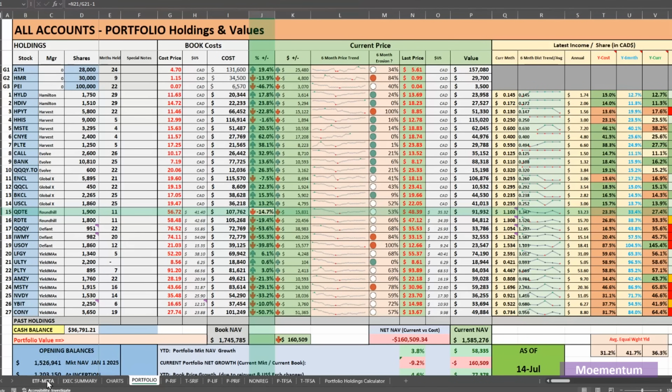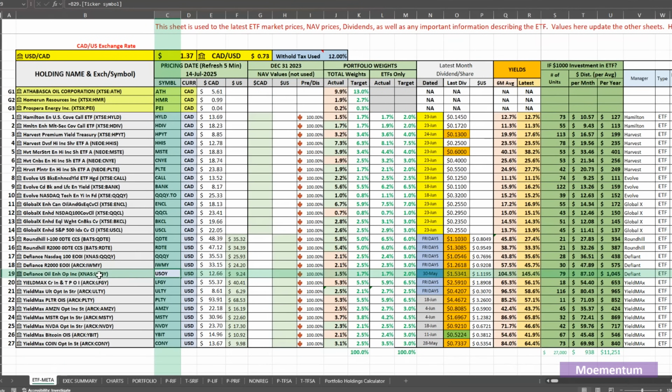That list is what my ETF meta chart holds, and it keeps track of the price, its value, all its distributions, and price trends. This one tells all my other tabs what's going on.